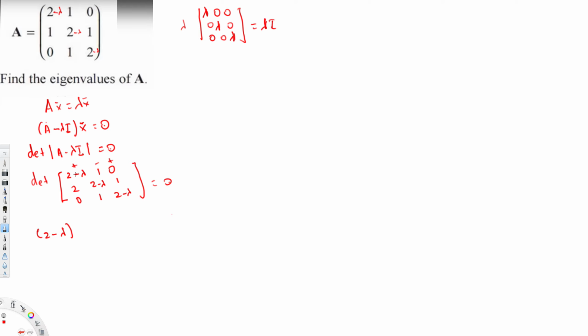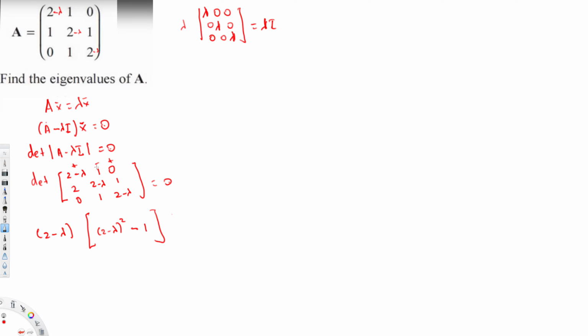I eliminate all the vertical and horizontal components and find AD minus BC inside. So AD is 2 minus lambda times 2 minus lambda, or 2 minus lambda squared, and BC is simply 1 times 1, so it's just 1.